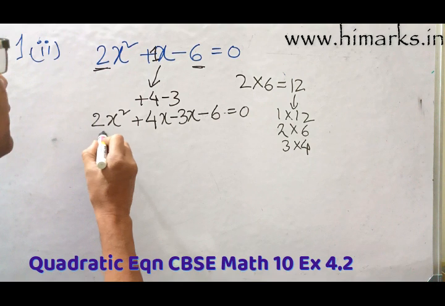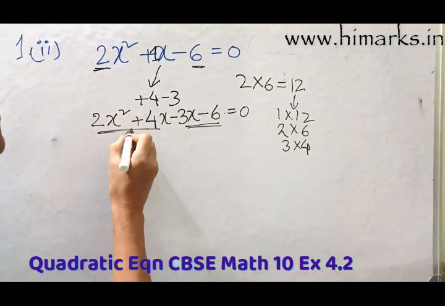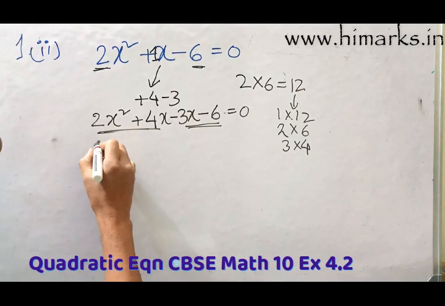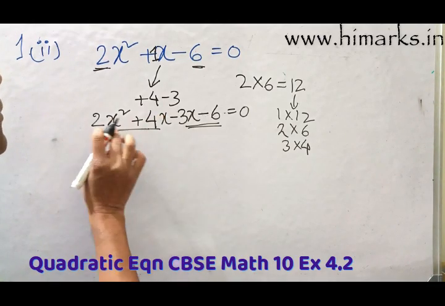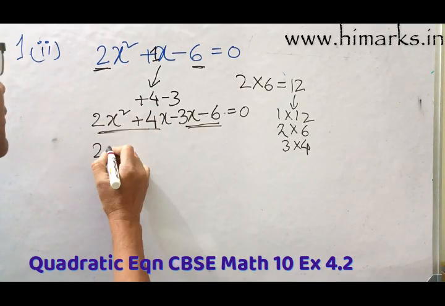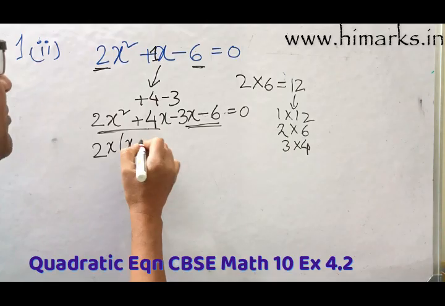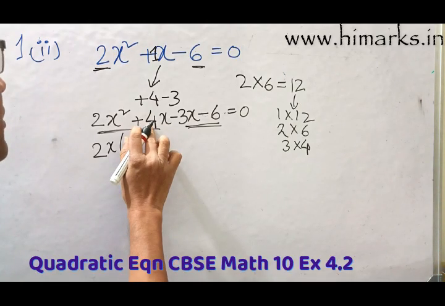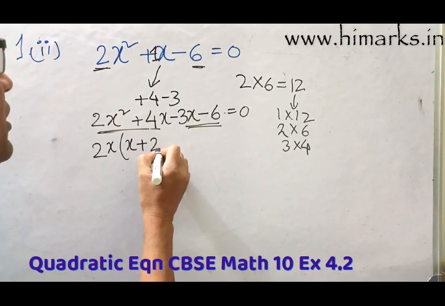What is the first part? The first 2 terms. What is the maximum common factor between them? 2 and 4, 2 is common. X square and x, x is common. So how much will remain from here? Only x remains. From here, if the 2 is taken away, plus 2 will be there.